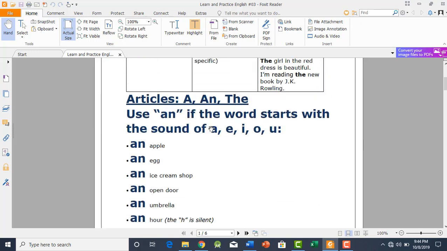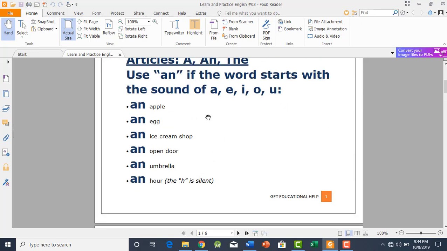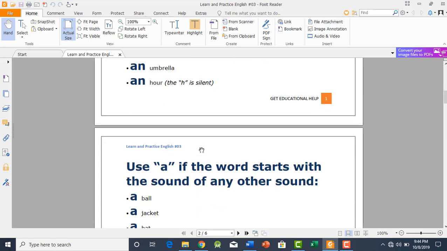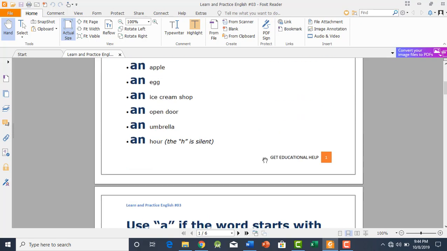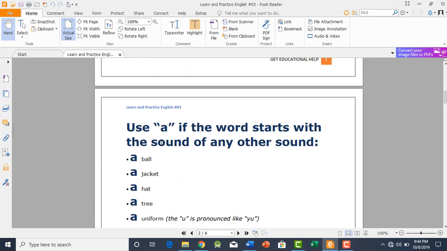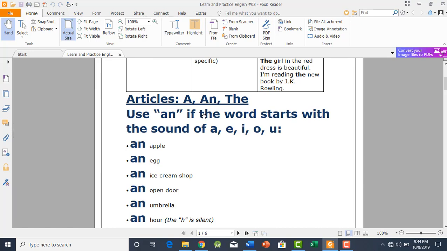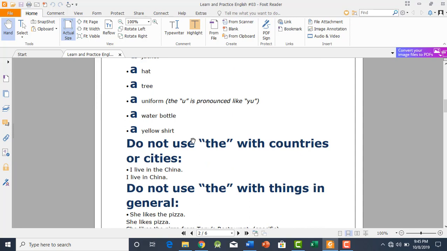This explanation is correct, because we go by the sound, and if we sound out uniform, it sounds like you. So it's not the sound of the vowel, and that is the reason we use a in place of an.